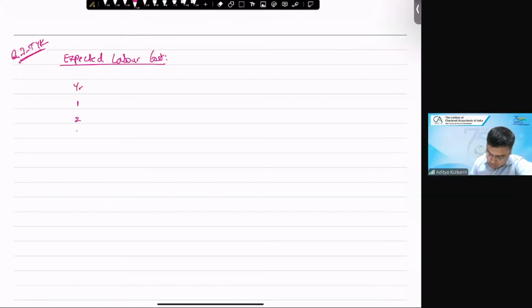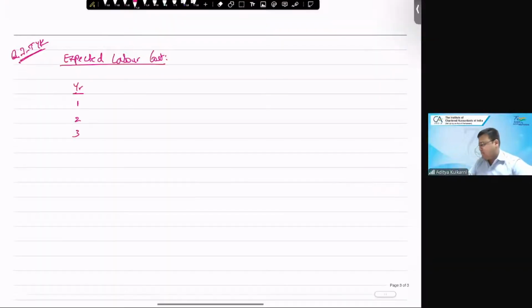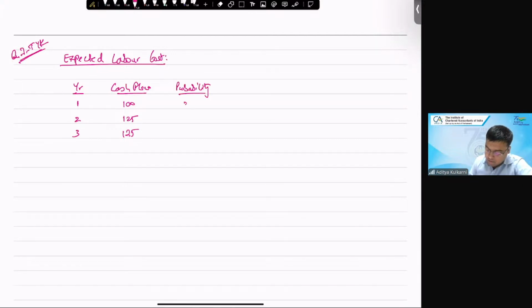Cash flow: 100, 125, 175. Probability: 25, 50, 25.